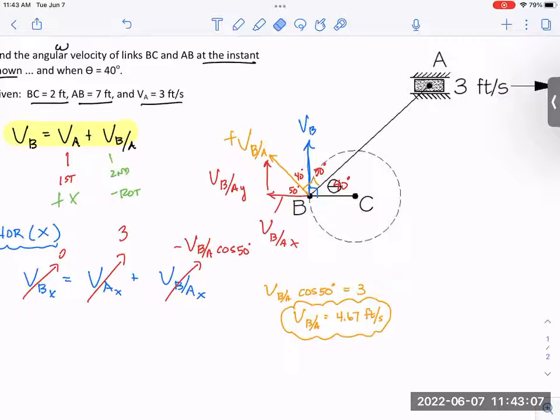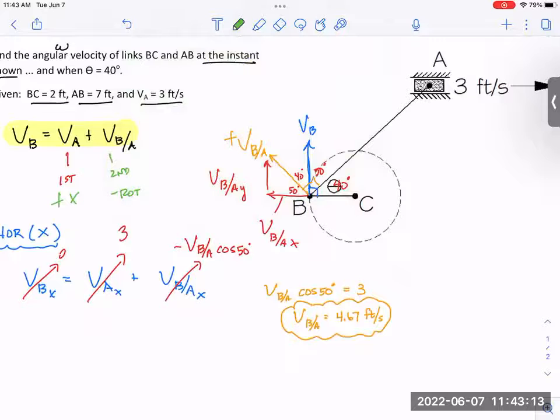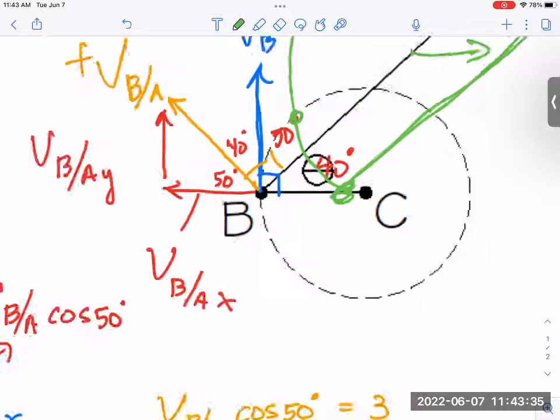That's exactly right. But remember, and this is the part that's confusing about this, that's because first velocity of A happened, and basically this thing went straight to the right, but then it was forced to rotate in this direction to get back where it belongs. And so as a result of that, it actually is going left, literally is going left. So again, it doesn't look like it, right? I totally see what you're saying.